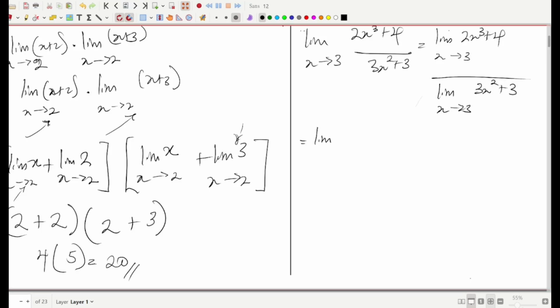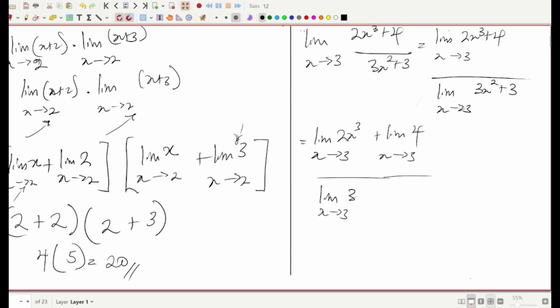So limit of 2x cubed as x approaches 3 plus limit of 4 as x approaches 3, all over limit as x approaches 3 of 3x squared plus limit of 3 as x approaches 3.